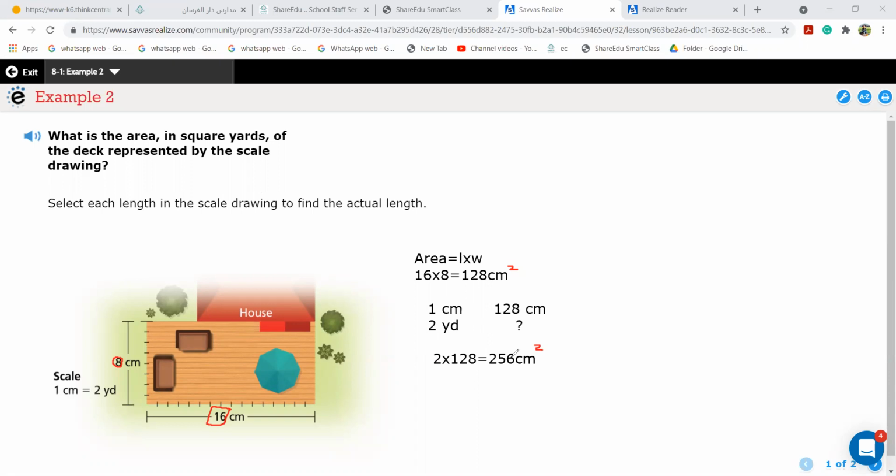So 128 centimeter will be 128 times 2, that is 256, I think. 256 yards.